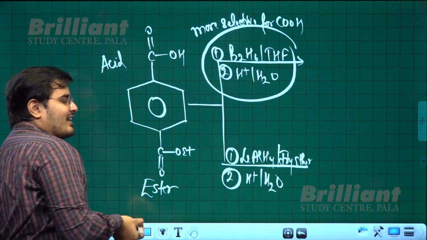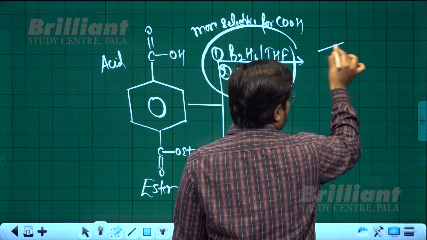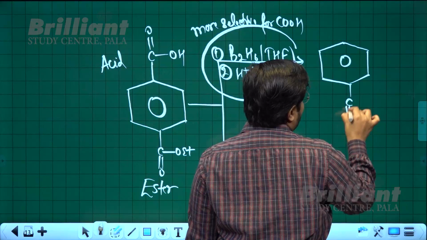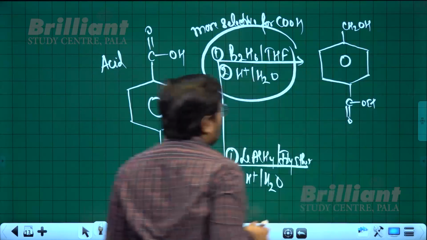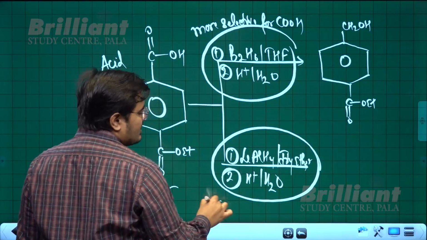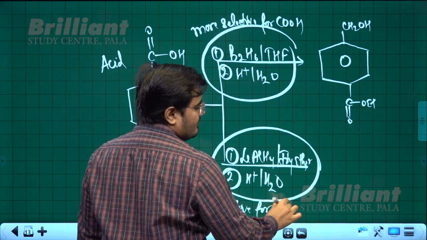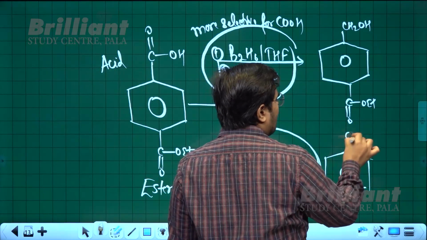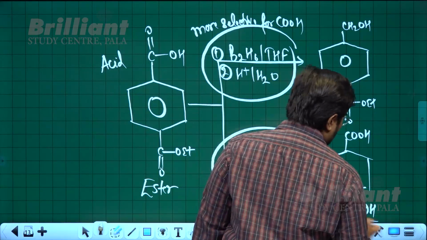So when ester and acids are present together in the substrate, then acid will be reduced preferentially to ester, and our final product will have an ester intact, whereas the carboxylic acid group will be reduced to alcohol. Whereas lithium aluminium hydride is more selective for ester in comparison to acid. That is, in this case you will get the carboxylic group as such, whereas the ester will be reduced to alcohols.